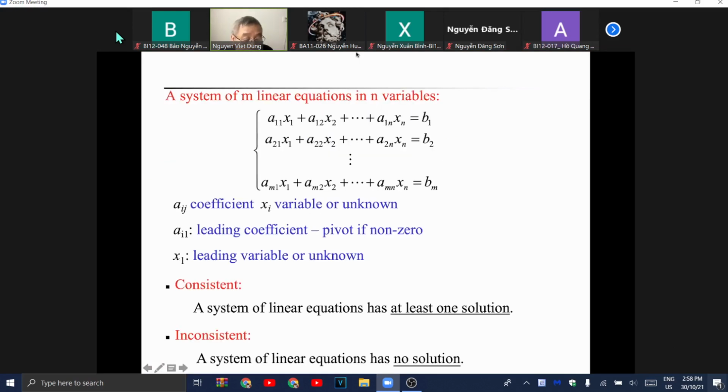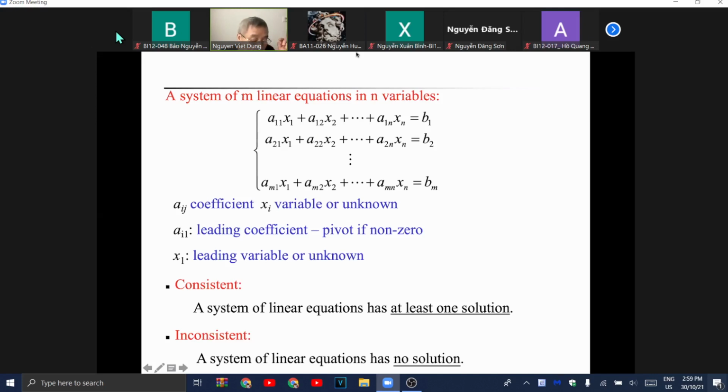A system of m linear equations in n variables is something like what you see on the screen. We have coefficients aij, and variables or unknowns xi. If ai1 is non-zero, we call it a pivot or the leading coefficient.